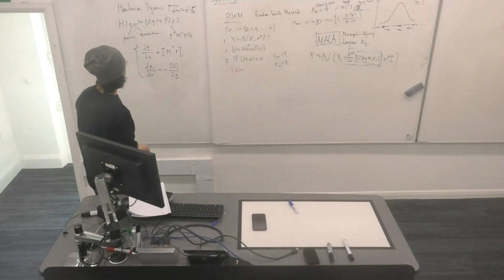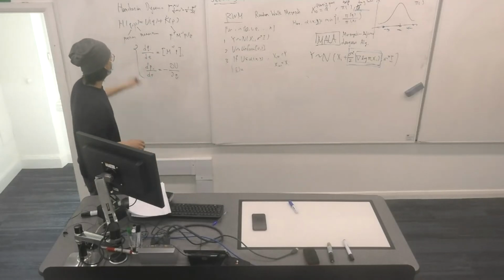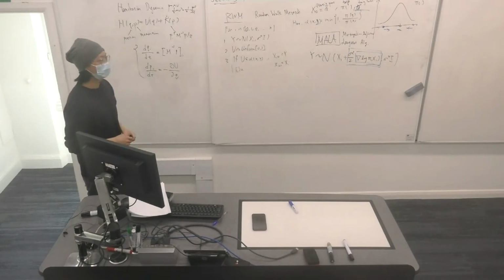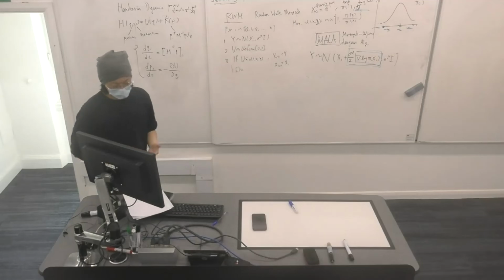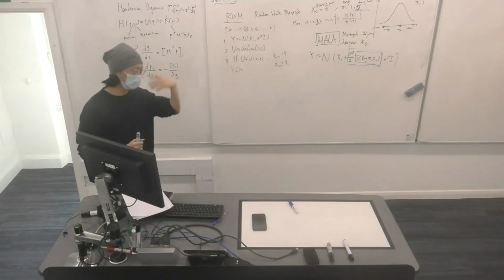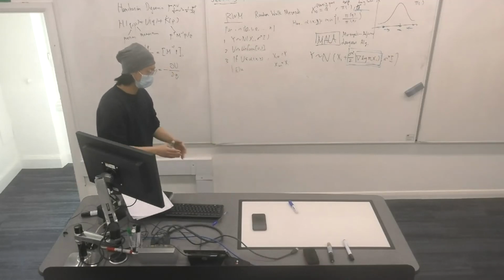No? Okay. Now, this system of equations tells us how the Hamiltonian dynamics updates, but it's a continuous update. And we're working with computers, which are not continuous, they're discrete. So how do we make this into a discrete update? Well, there are a bunch of ways. The most standard and simple way is Euler's method.